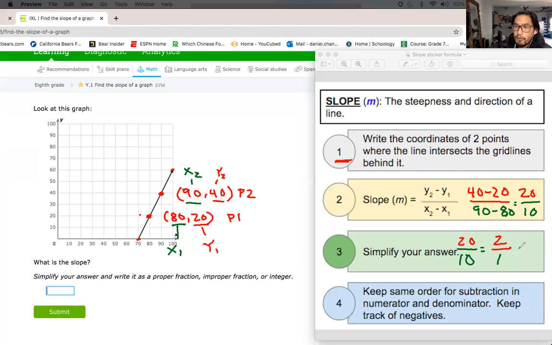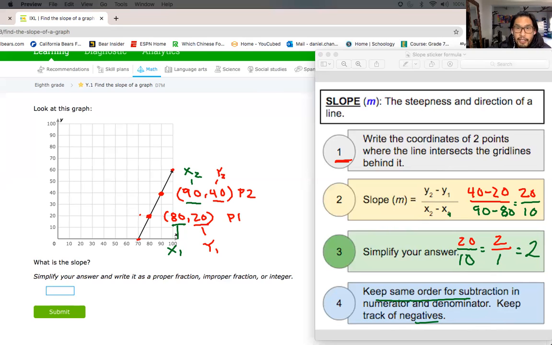So there's my slope, 2 over 1, which I will simplify one more time to just 2, positive 2, just like the last one. So I kept the same order for my subtraction in the numerator and denominator, subtracted y1 from y2 and x1 from x2. I still don't have any negatives yet, so nothing to worry about there. And I simplified it, so I'm good. I'm just going to enter in the number 2.